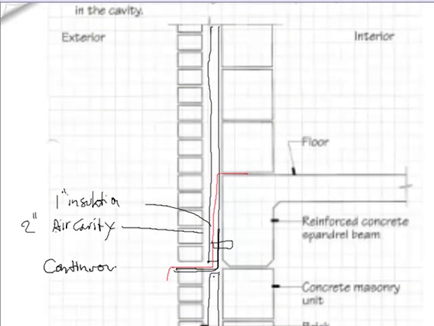Continuous flashing, however you spell that. And you can see that it's a darker line in the detail.